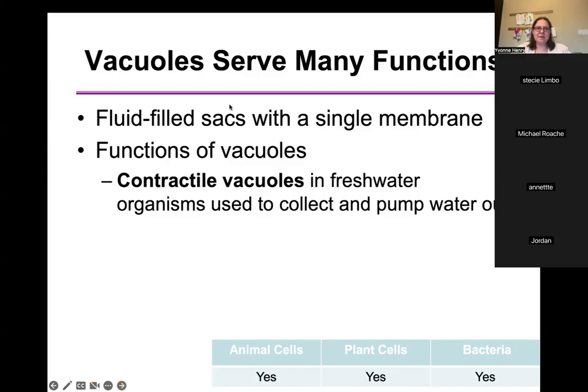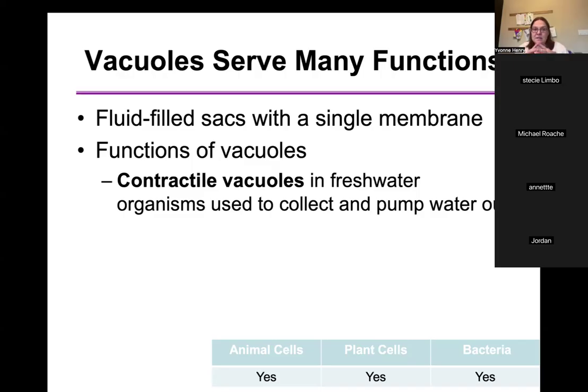So we've learned a little bit about those vesicles that move through the membrane system of making proteins. Here we're going to talk about vacuoles, which are similar. It's a membrane that is around a certain function. So it's going to be a circular bubble that has a certain function.